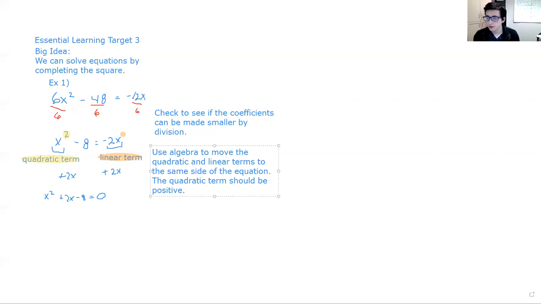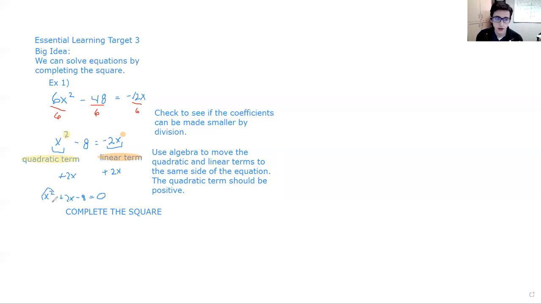Okay, the next thing that we are going to do is complete the square. So completing the square means, when we have a square quadratic, or square trinomial, it is usually made up of 3 terms.